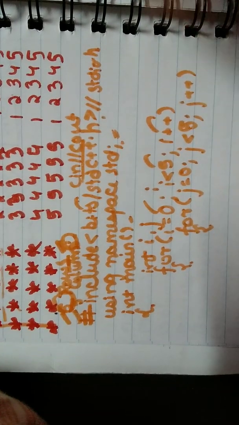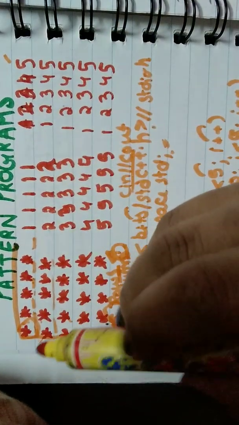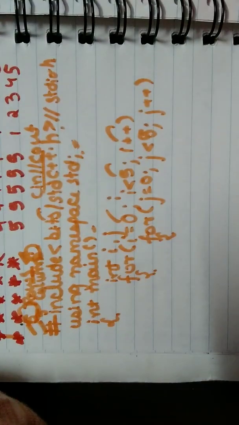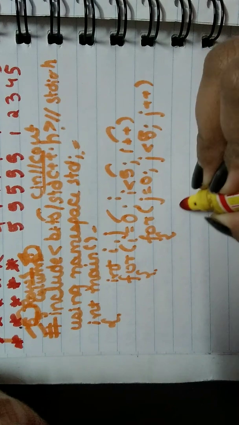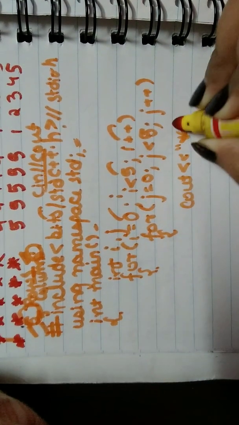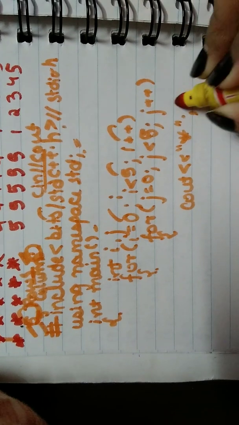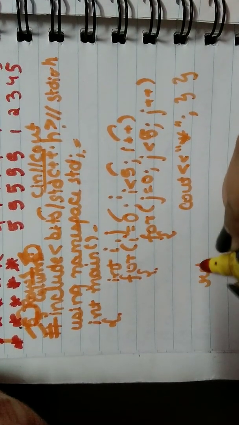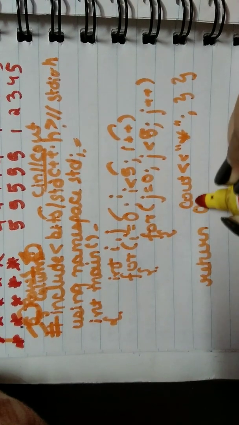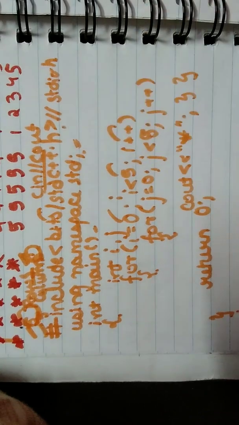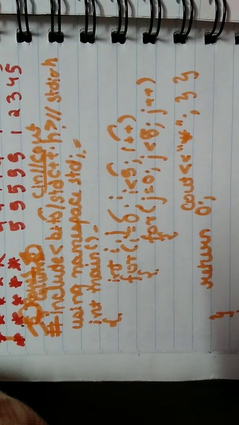Next, as we have to perform a similar task like printing the star every time, we will here print cout star, and our program ends. As we have used the int function, we have to return 0, and this is the whole program for the first pattern.